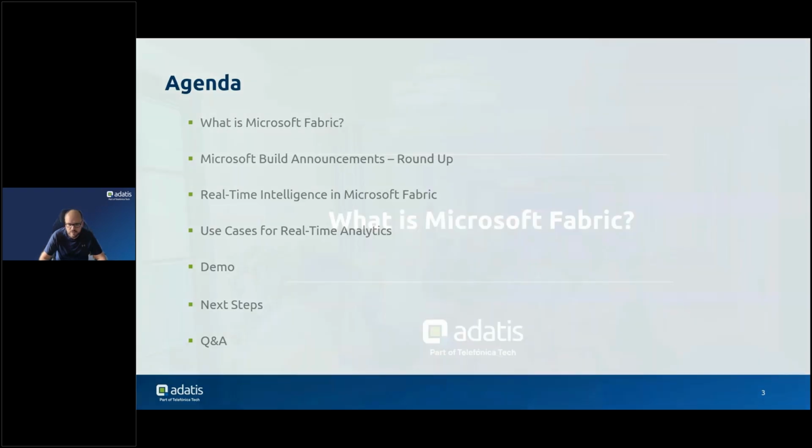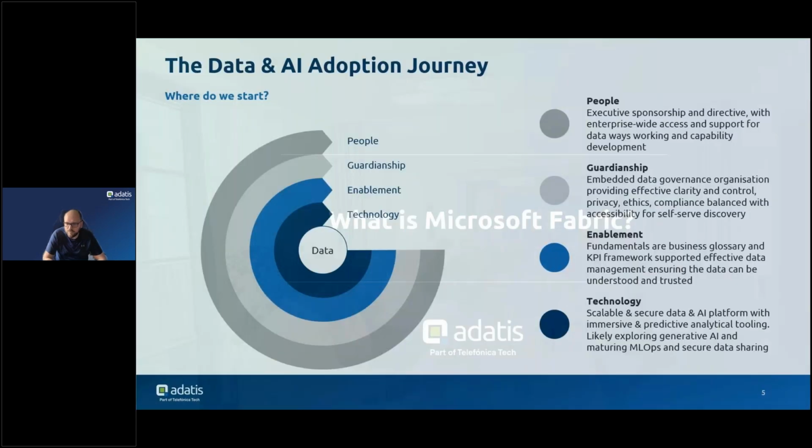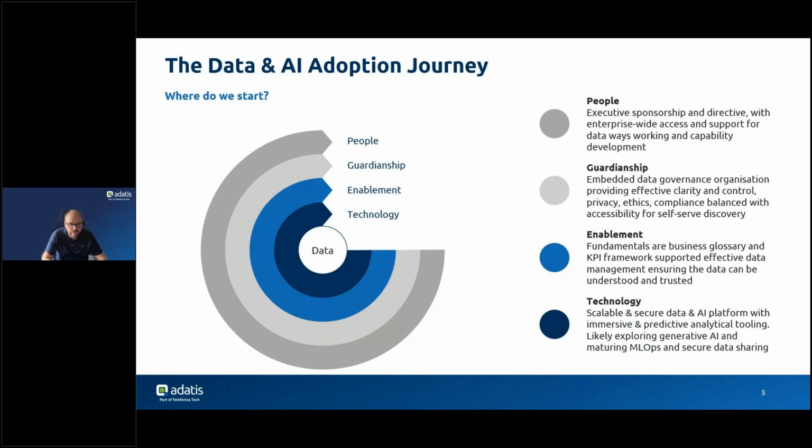So to start, I'll do a quick recap of what Microsoft Fabric is. When we're building out a data platform and building out any kind of data and AI solution, there's lots of different components that go into building that. And technology is really the smallest and probably the simplest part to implement.